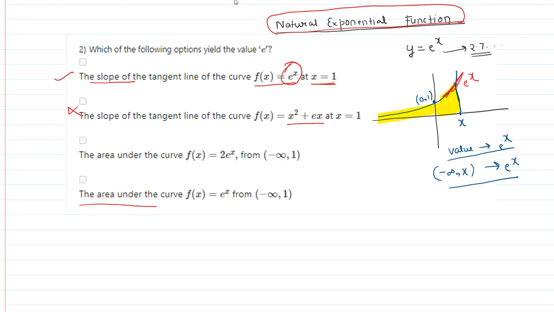And the area under the curve from minus infinity to 1. So this question is wrong, I guess, but this is the point that I wanted you to understand. These three properties: the value will be e^x, the slope will be e^x, and the area under the curve will be e^x.